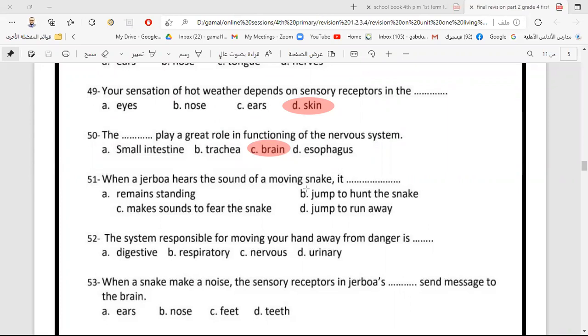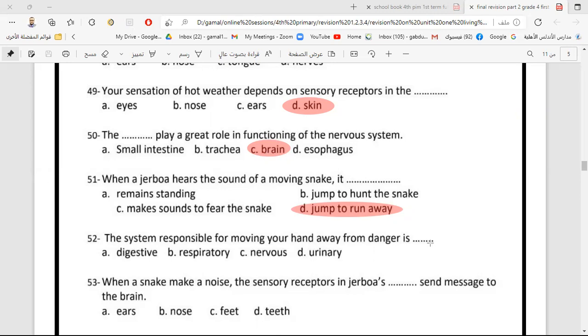But snake is the animal. It remains standing, or jumps to hunt the snake, or makes sound to scare the snake, or jumps to run away. Jump to run away. Very good, my son. You are excellent. Thank you, my hero.